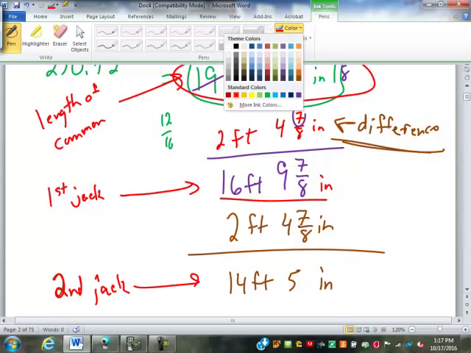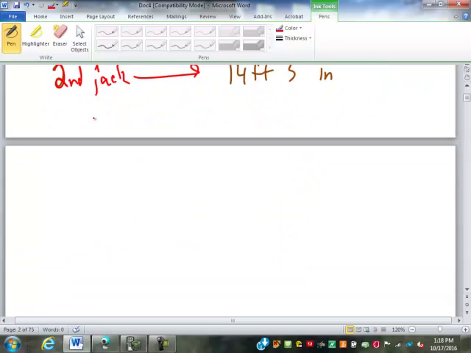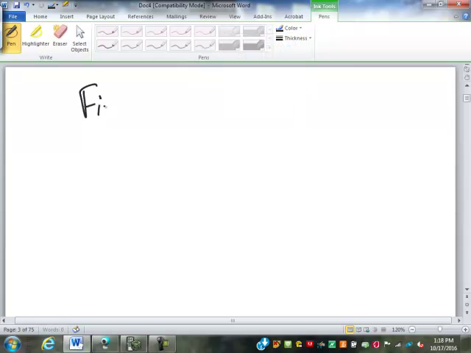So, using what they're showing you on page 112, I want you to find the length of common.